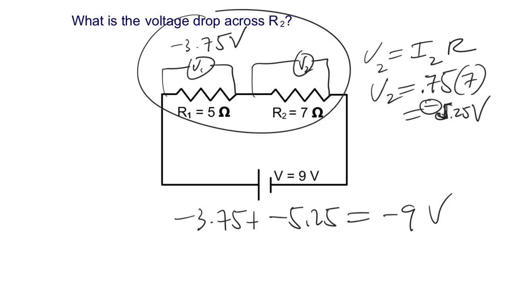There is a total drop in the voltage equal to the total voltage, which is 9. So you can just say that VT equals V1 plus V2 and disregard the negatives on the voltage readings. All I have to do is flip the terminals around and it comes out 3.75. So the sign really doesn't matter.